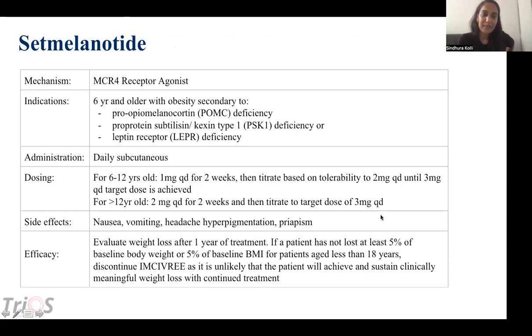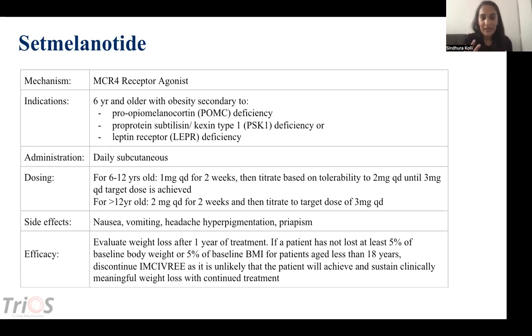And then setmelanotide. I know this isn't a familiar medication for most, mostly because this is very specifically targeted to our patients with genetic chromosomal mutation. So this is an MC4R receptor agonist, going back to the pathway that Holly was talking about.